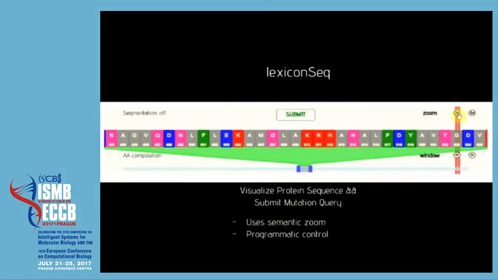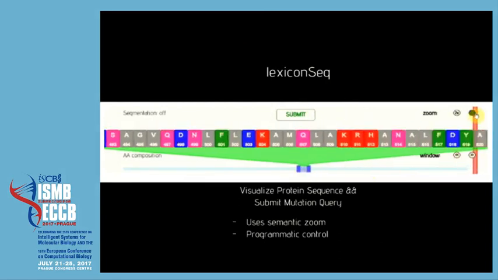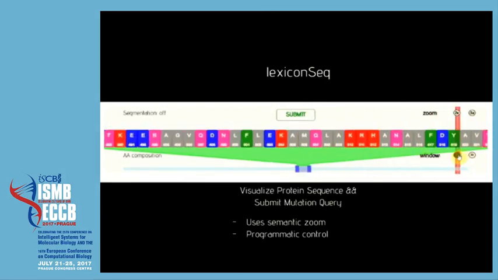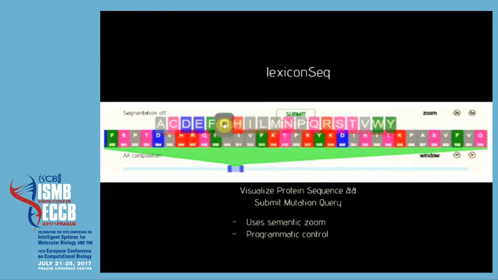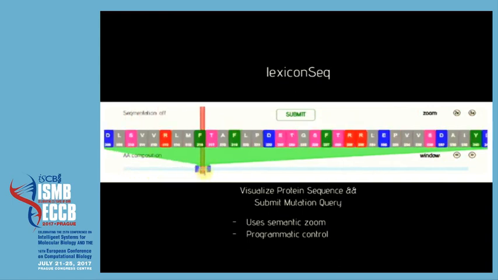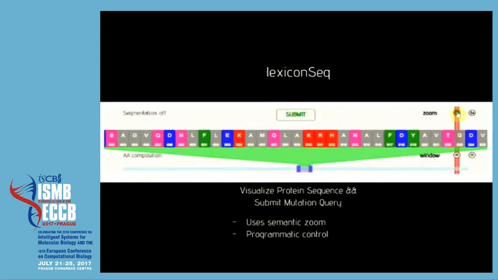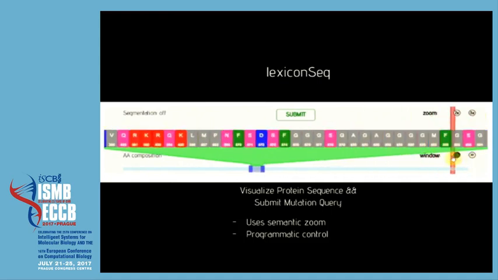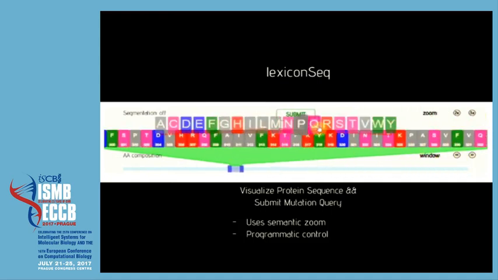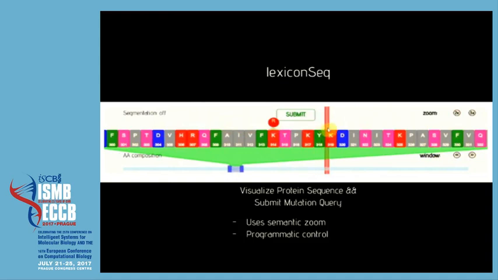Now, this is the first module. This is the Lexicon Stick module. This is basically just your protein sequences. You just drag and drop your FASTA file, and you're able to visualize your sequence. Now, this uses semantic zoom, meaning that every time you do a drag gesture or click a button, it re-renders the entire scene. These are SVG elements, so it uses the canonical D3 enter, update, and exit pattern.